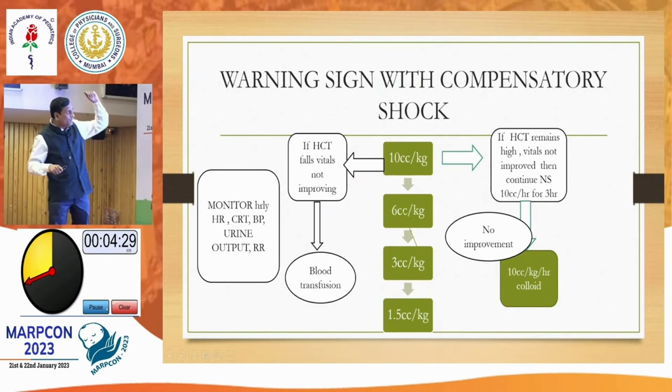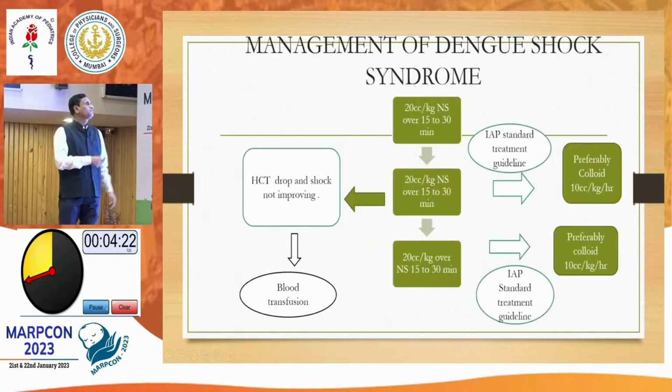If the child's hematocrit has dropped but vitals have not improved, then suspect an occult bleed and give a blood transfusion. Then management of dengue shock syndrome. How will you diagnose dengue shock syndrome? What is the definition? Systolic blood pressure less than the 5th percentile for the particular age and height.